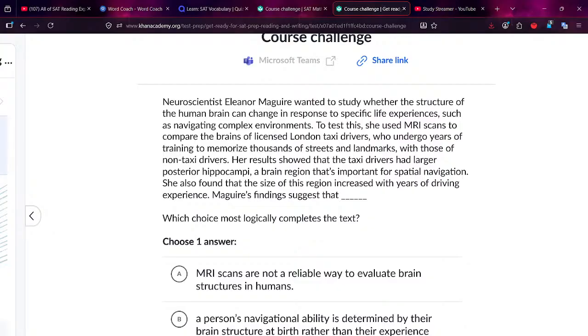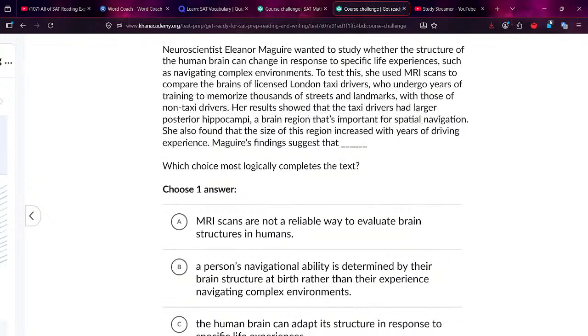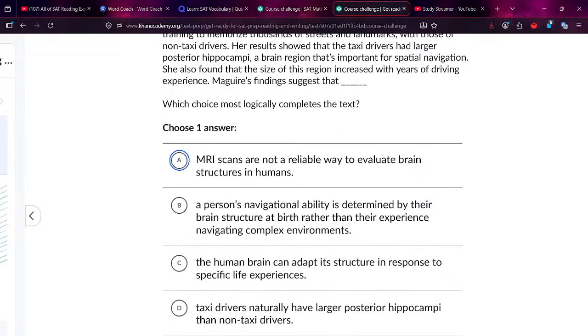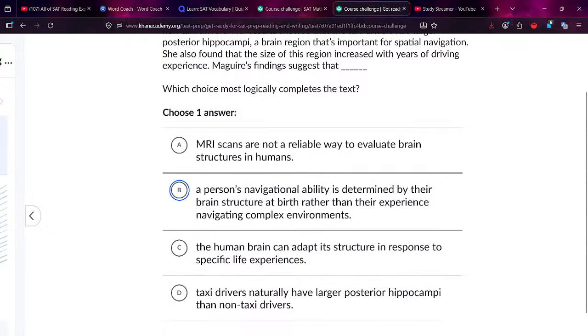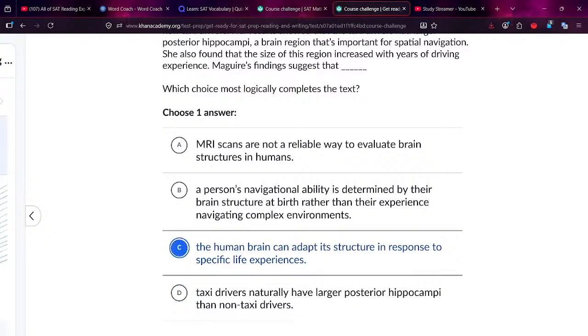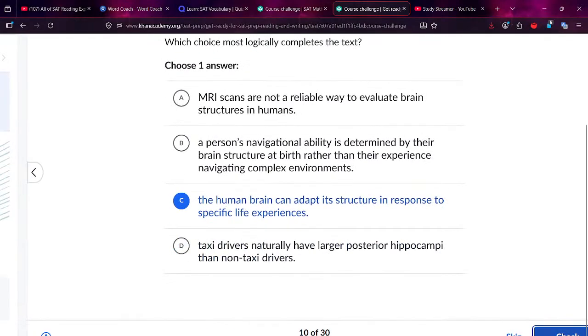If being a taxi driver is correlated with having a larger posterior hippocampus, and it also increased with years of driving, that means it's able to be increased if you drive longer. It's not a reliable way. I mean, this has nothing in relation to it. It is determined by their brain structure at birth. That's not what it suggests. The human brain can adapt. Yeah, that makes sense. Naturally, no. It's through experience, not by random chance.